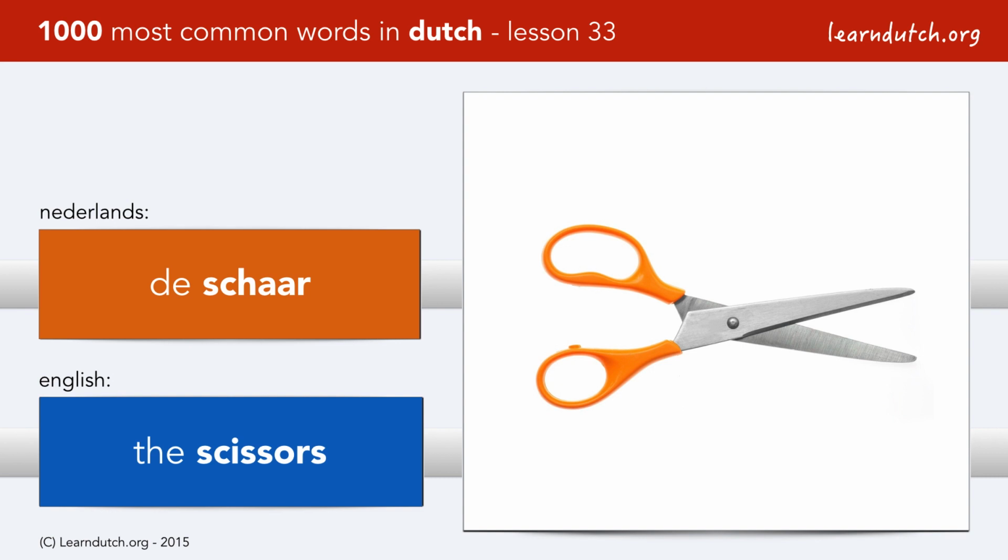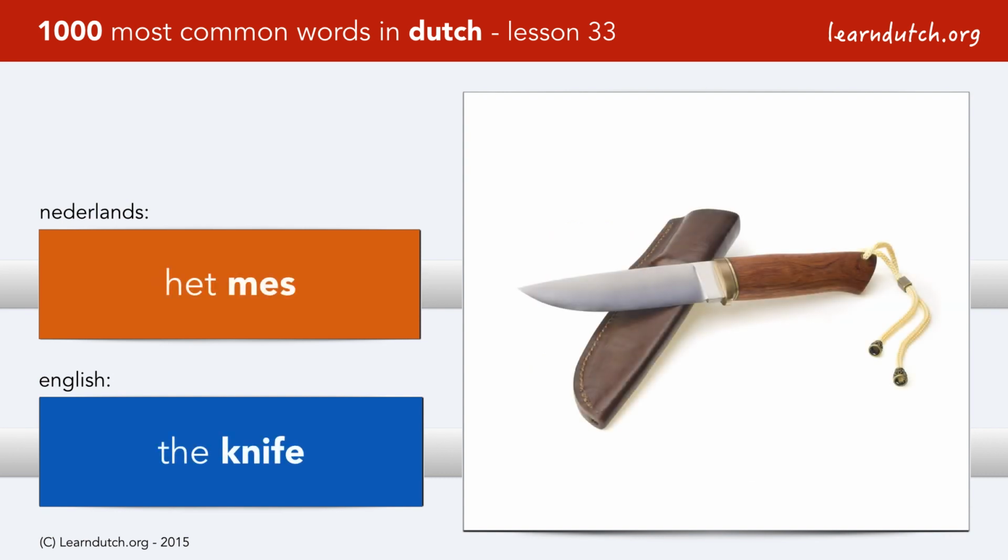Please note, this word in Dutch is singular. And what you do with a schaar is knippen. And what you do with een mes, a knife, remember that from lesson 30, is snijden.